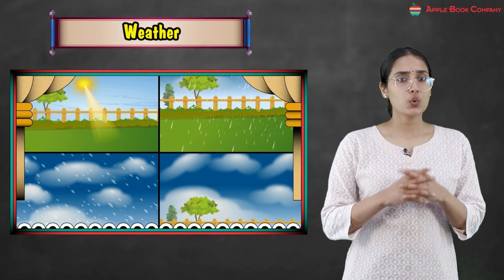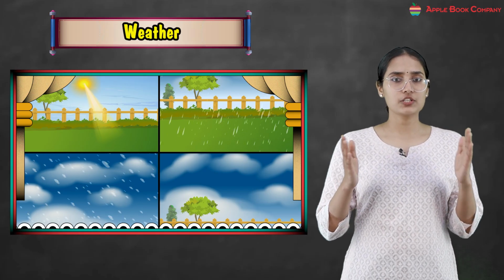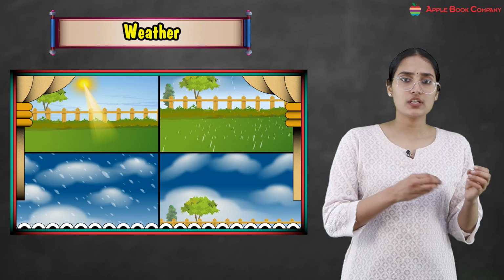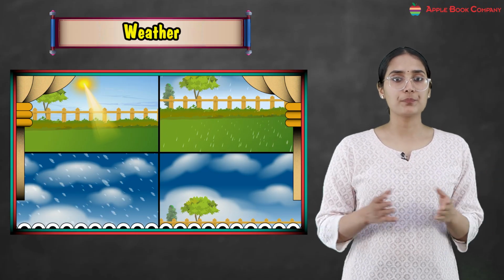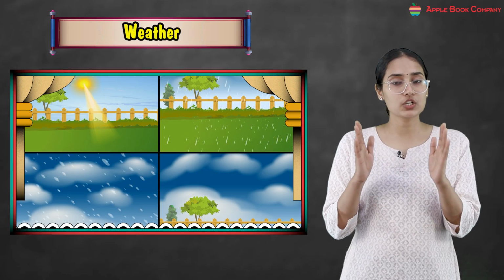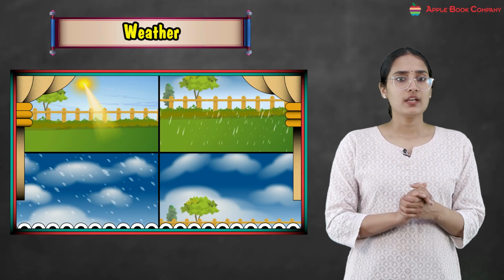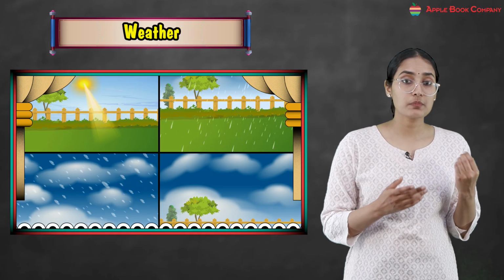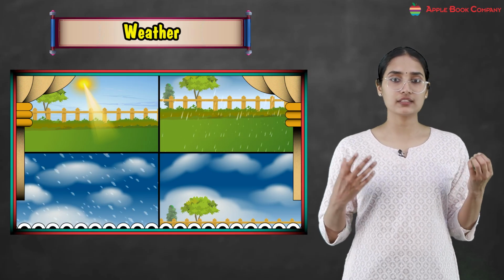Weather can be fluctuating, right? It can change in an hour. Weather is the condition at a particular time, at a particular place, and it changes with the change in temperature, the wind, the rain and the sunshine.